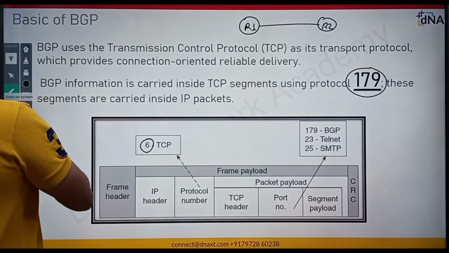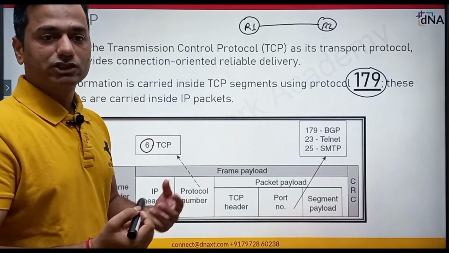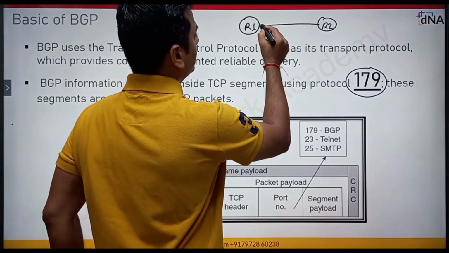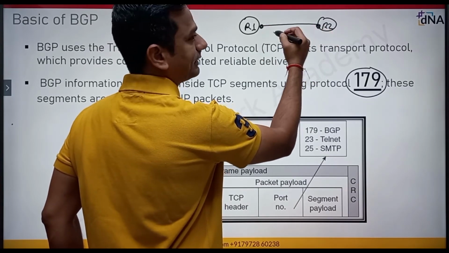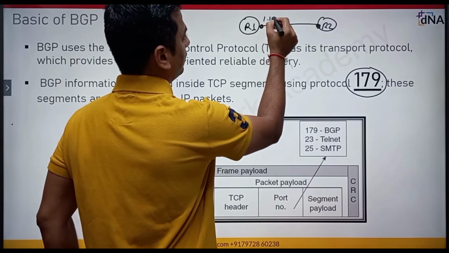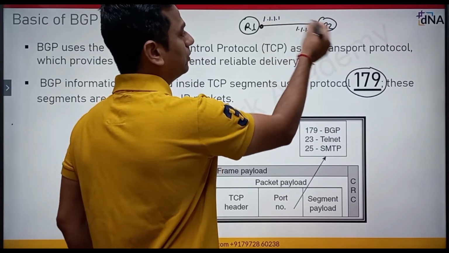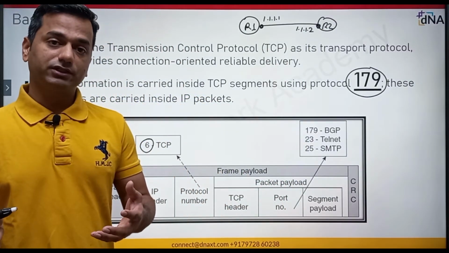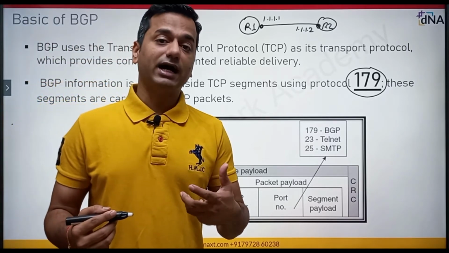Now, when R1 and R2 form a neighborship, there are two options. One, you can configure the BGP neighborship over the directly connected interface, like 1.1.1.1 and this IP 1.1.1.2. So you can configure a BGP session on directly connected IP addresses.